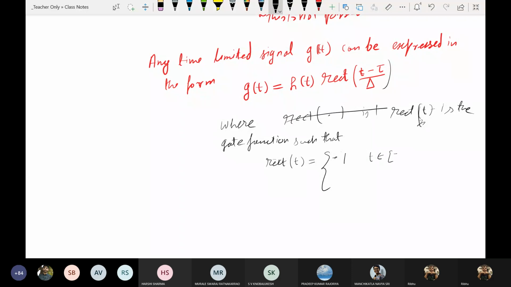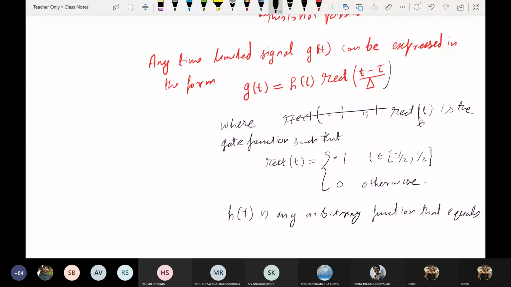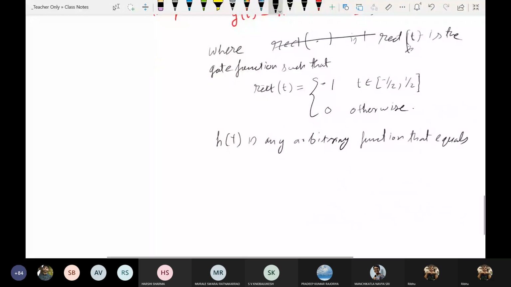So this is the gate function, and so h(t) is any arbitrary function that equals g(t) in the range of, okay.